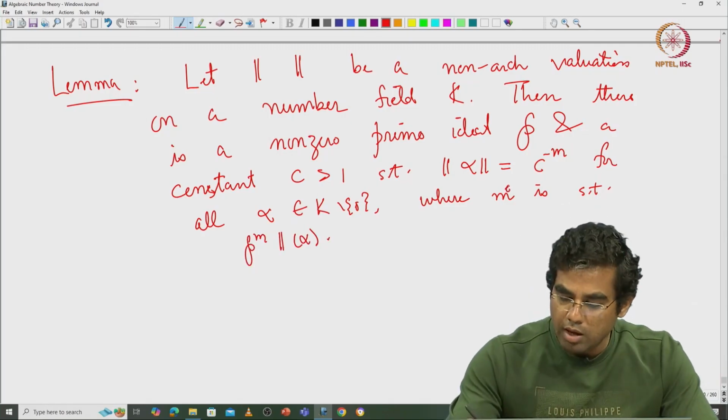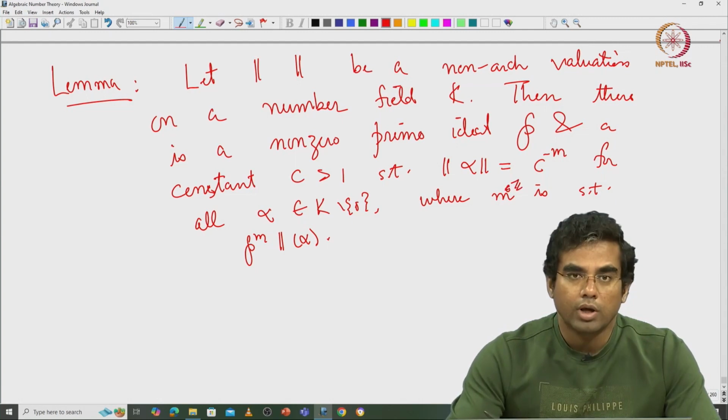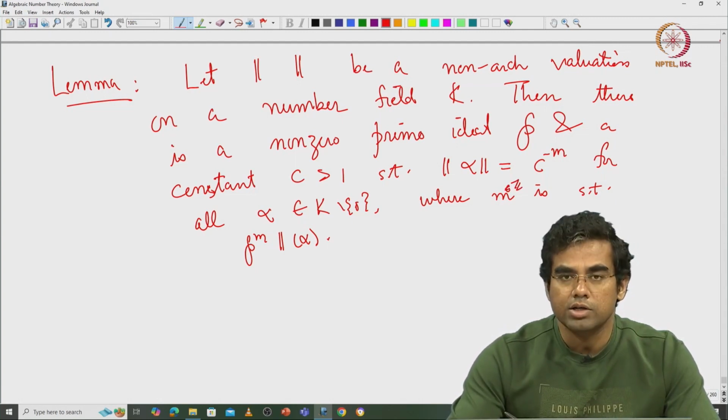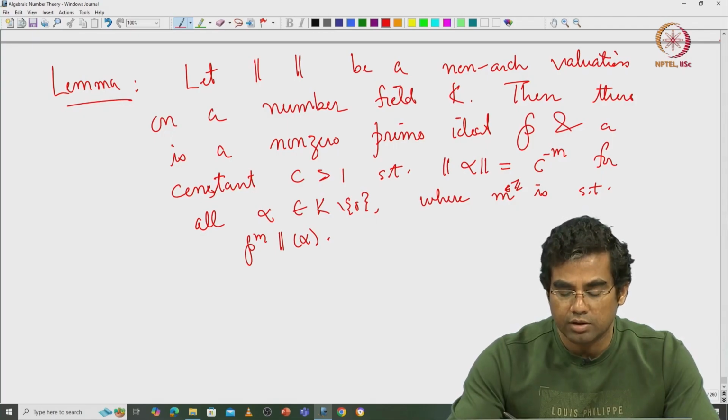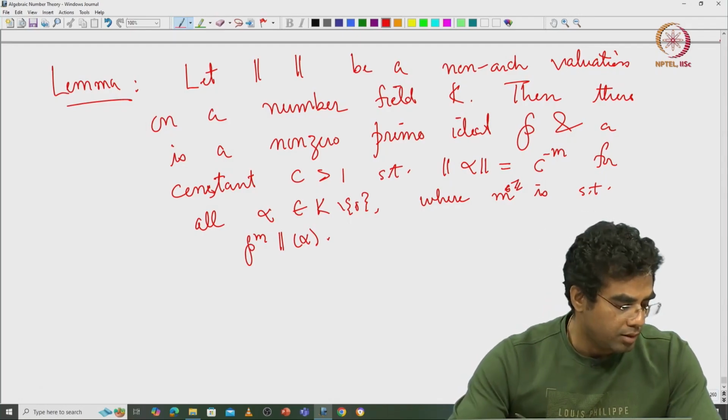Okay. So, m is in general an integer. So, you can allow minus powers. It means that when you take prime factorization of this fractional ideal, the non-zero fractional ideal, you will have P appearing to the mth power. Okay.